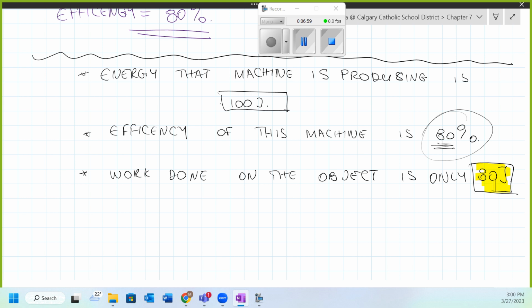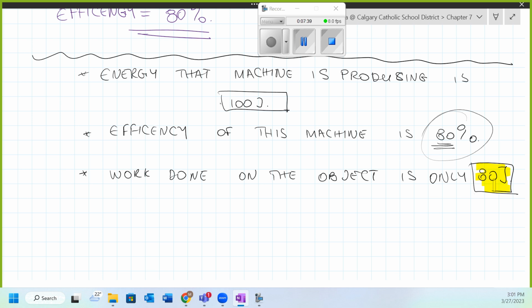So a lot of energy is lost in nature, and the whole point of engineering is to produce a machine that has higher efficiency. If it is 60, 70, 80%, then it's a good machine. In practice, you barely see a machine that is close to 100%. It's not possible.